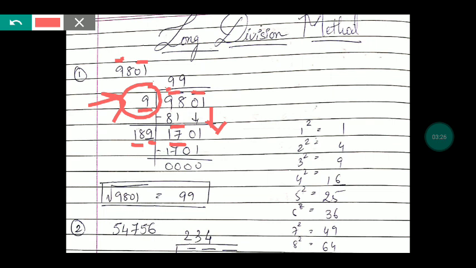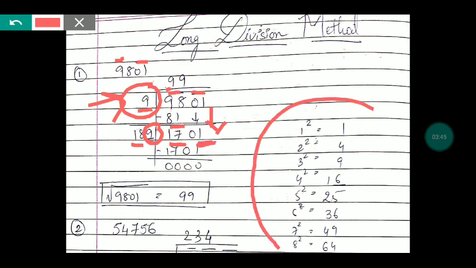Now you can see what is the last digit that you can keep so that you will get 1701. So you have to use the trial and error method. First you have to think that here the ending digit is 1.